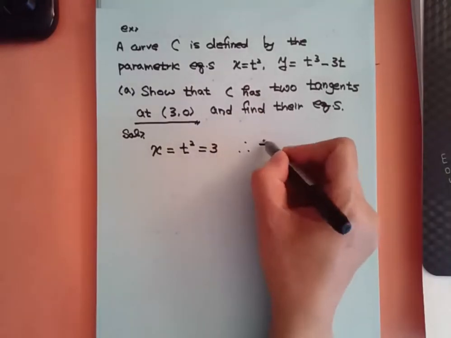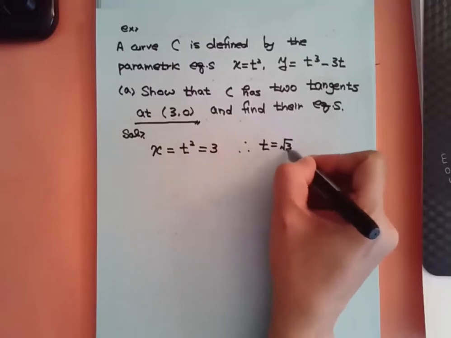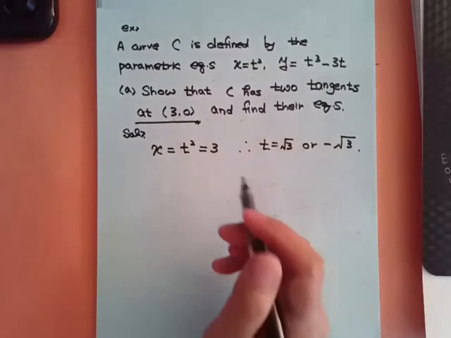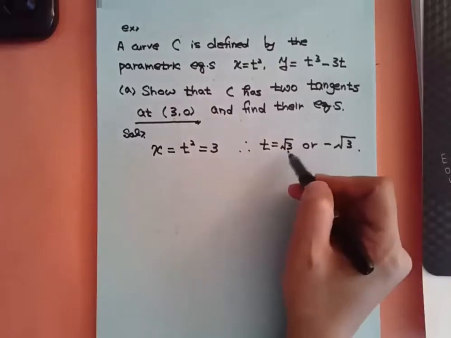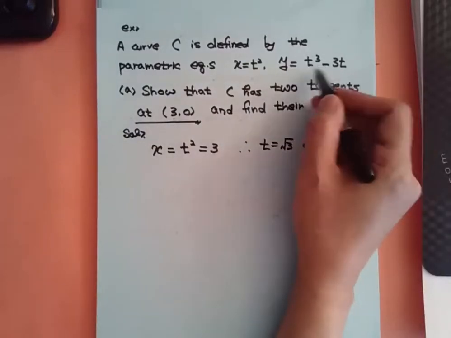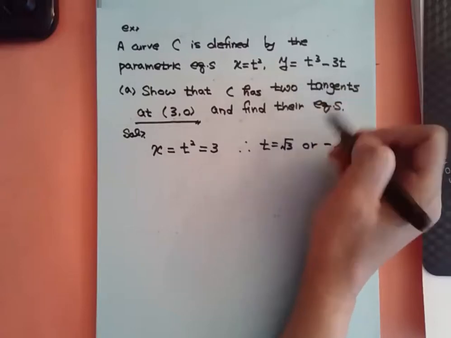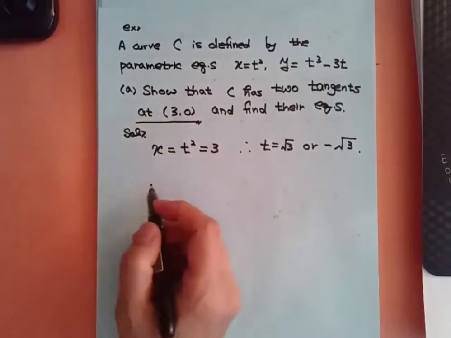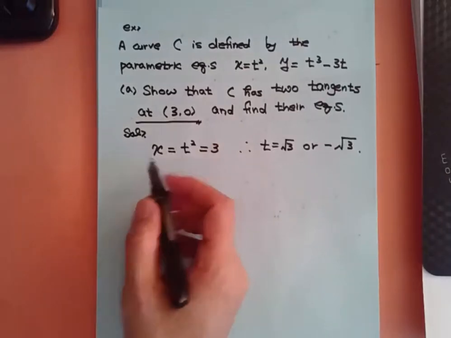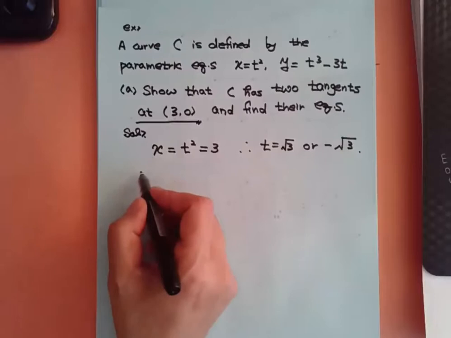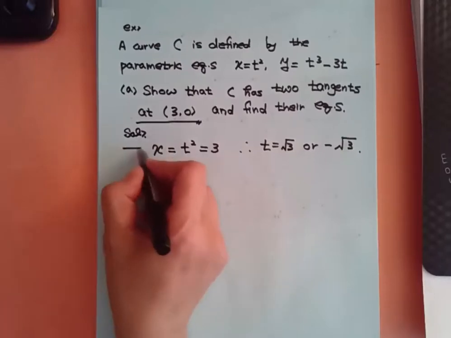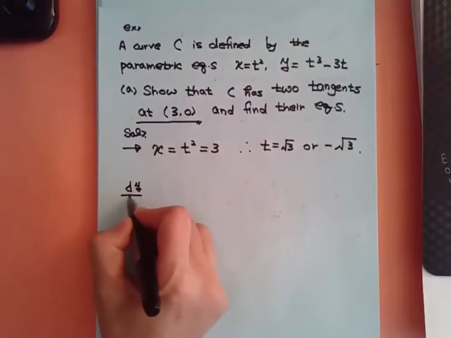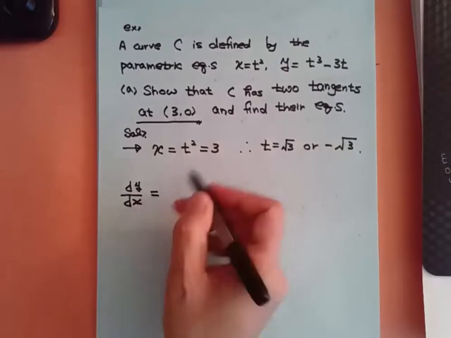Therefore, t must be square root of 3 or minus square root of 3. And if you plug that into y, then you realize that both t values make the y value 0. So we got 2 points, and then we want to calculate the derivative.